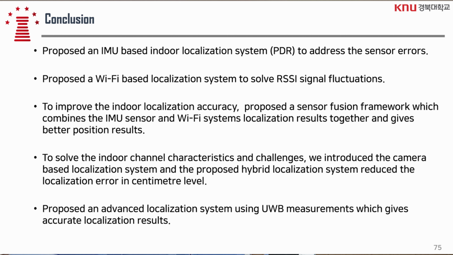To solve indoor localization challenges, we introduced a camera sensor, and the camera-based localization system gives very accurate results, but even that system has some serious issues. So to get a very accurate and advanced localization system at a scientific level, we use UWB signals for localization, and we have very accurate results.